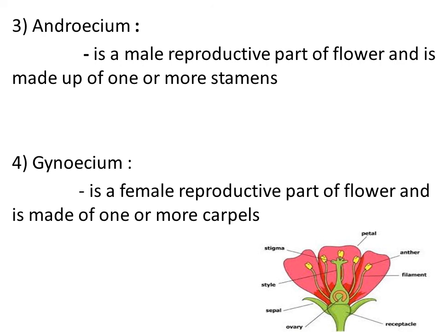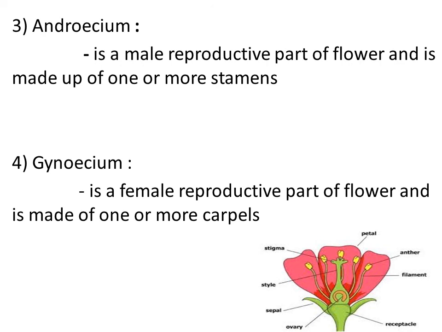If both the reproductive parts are present in the flower, such a flower is called a bisexual flower. So this is one type. Clear? What do you mean by bisexual flower? A bisexual flower consists of both the reproductive parts, that means the male reproductive part as well as the female reproductive part present in the same flower. If they are present in the same flower, such a flower is called a bisexual flower.